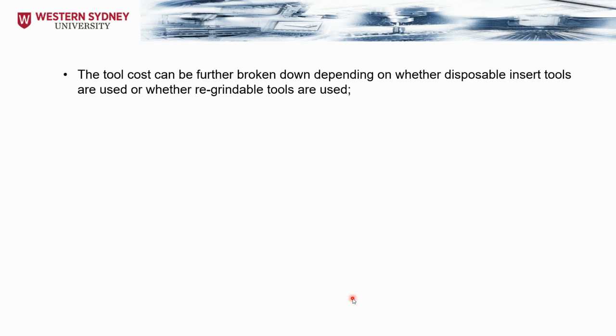The tool cost can be further broken down depending on whether it is going to be a disposable insert tool or regrindable tools. Most of the carbide inserts are throw-away tools. That means each edge is going to be used once, then you need to throw it away and get a new one.